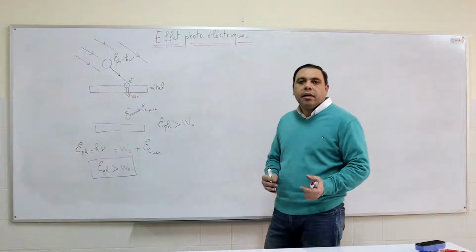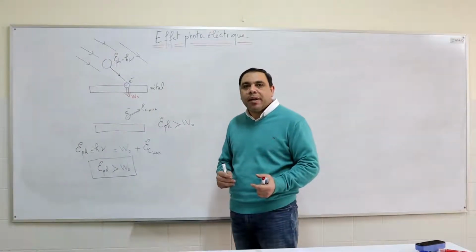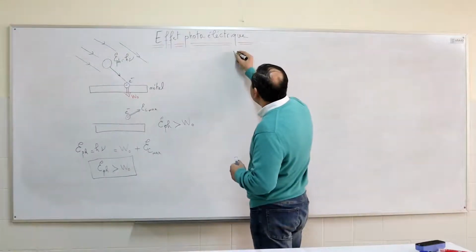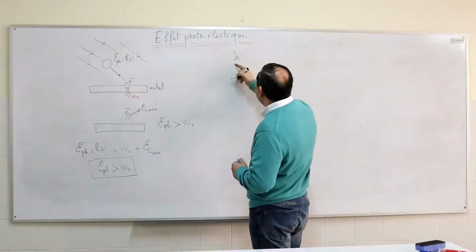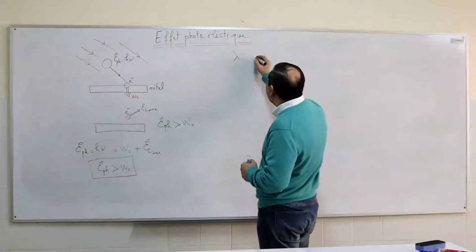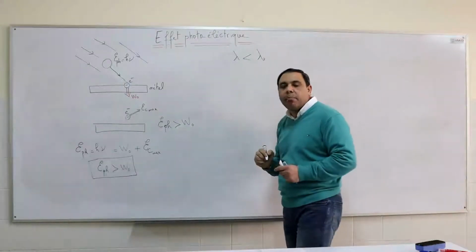Einstein's hypothesis can interpret the experimental observation of the photoelectric effect that occurs when the wavelength of the radiation that illuminates the metal is less than a certain value called the threshold wavelength, or when the energy of the photon is greater than W0.